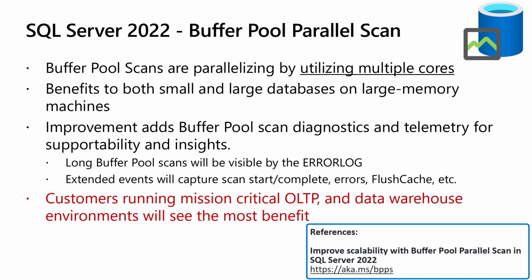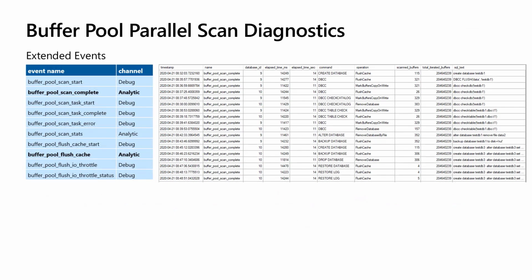On the next slide, I have some additional context for these events. As you can see, we've added diagnostics to improve the supportability experience for both serial and parallel buffer pool scans.